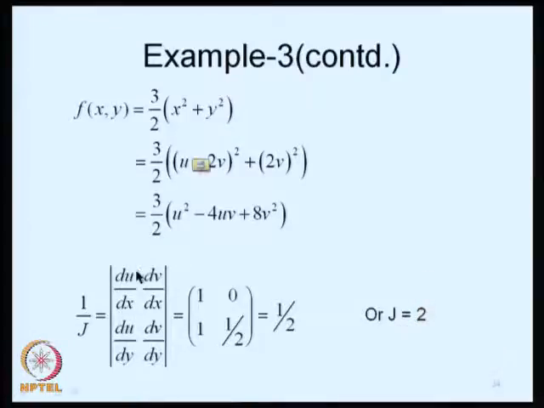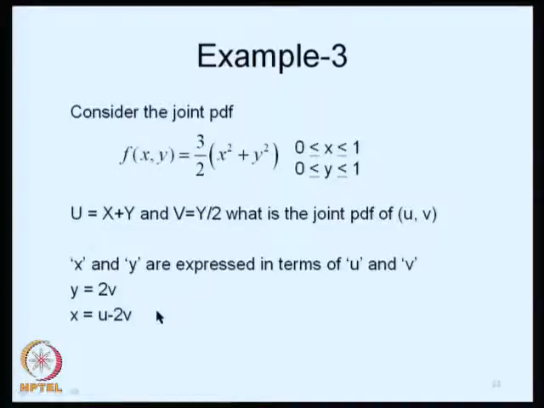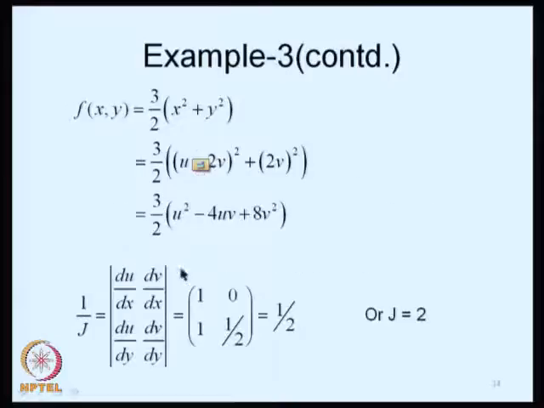So, 1 by J is the determinant of du by dx, dv by dx, du by dy, dv by dy, and from your expressions for u and v you can obtain these differentials. du by dx turns out to be 1, dv by dx turns out to be 0, because v is equal to y by 2, du by dy is equal to 1 and dv by dy is equal to half. So the determinant will be equal to 1 by 2, and therefore J turns out to be 2.